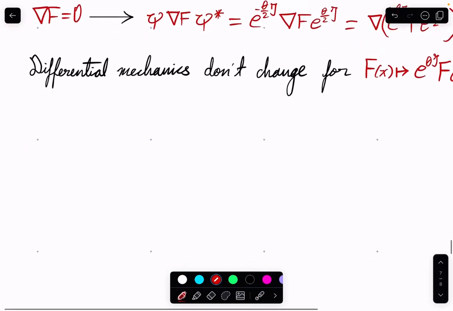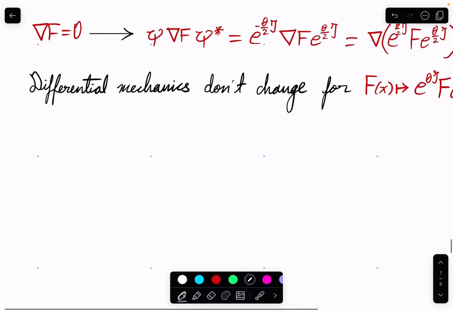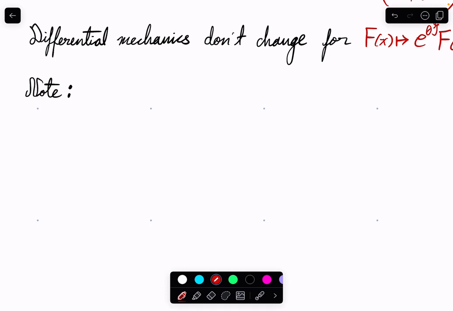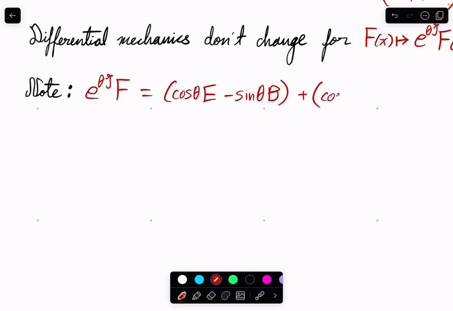So let's do another note. Note that e to the theta I F is going to be equal to cosine theta E, the spacetime split of the electric field, minus sine theta B, plus cosine theta B plus sine theta E times the pseudoscalar.